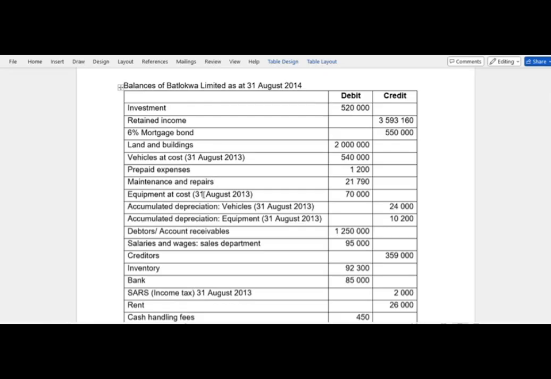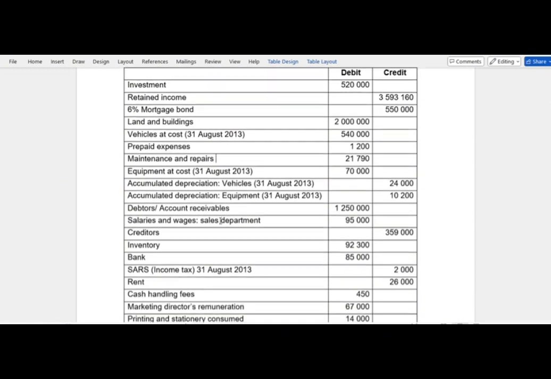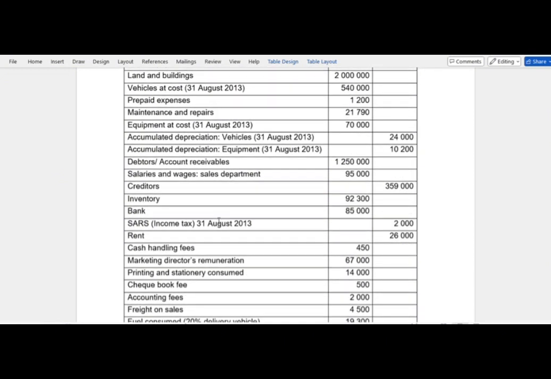We will see that. All right, so equipment at cost is a non-current asset. Accumulated depreciation, I usually call them negative assets because they decrease assets by a larger amount. Then we've got debtors or accounts receivable. We've got salaries and wages for the sales department.